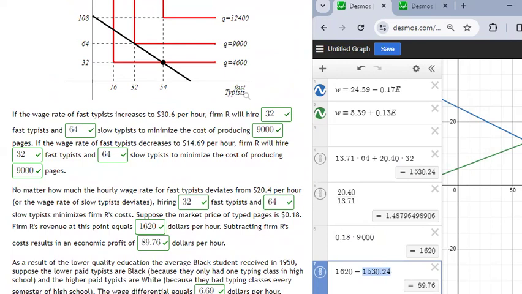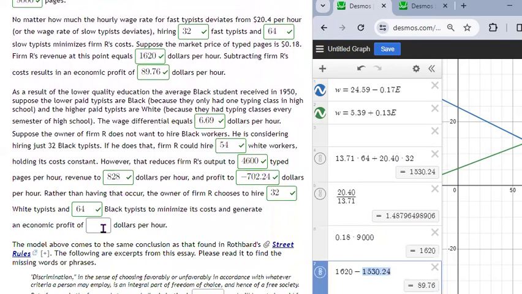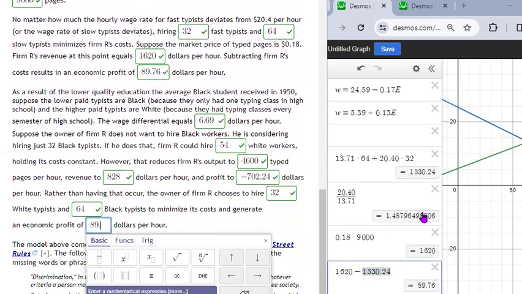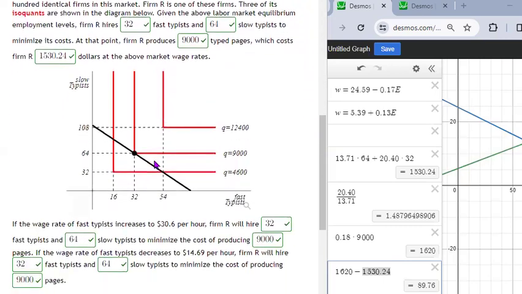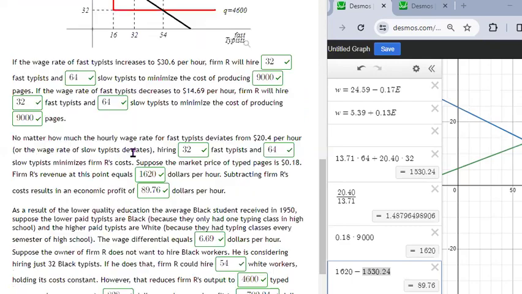So the firm's making $89.76 per hour, right? Okay, and that results in the new equilibrium. It started here, slid down here due to discrimination. And when the firm realizes that point is not profitable, it immediately reverses course and comes back right up here.